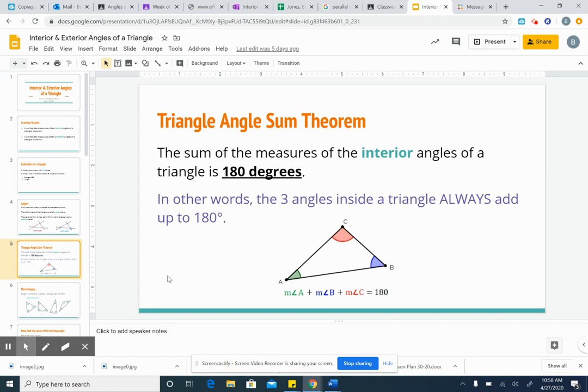Let's review by talking about how many degrees the angles inside a triangle add up to. Angle A, angle B, and angle C will always add up to 180 degrees. In fact, for any triangle, this will be true. The sum of the measures of the interior angles of a triangle will always be equal to 180 degrees every time.